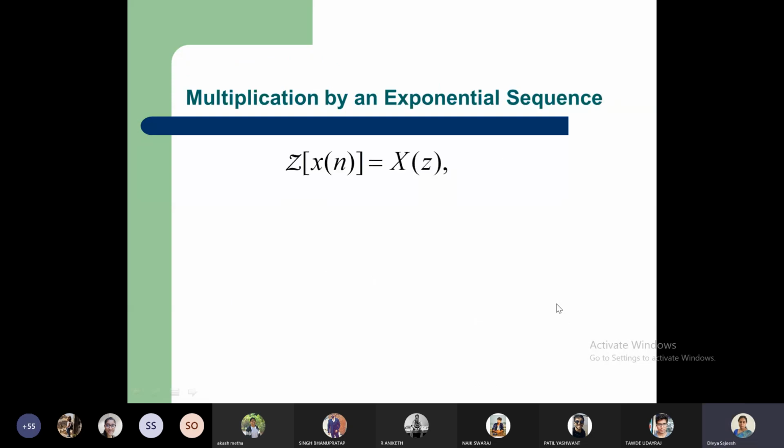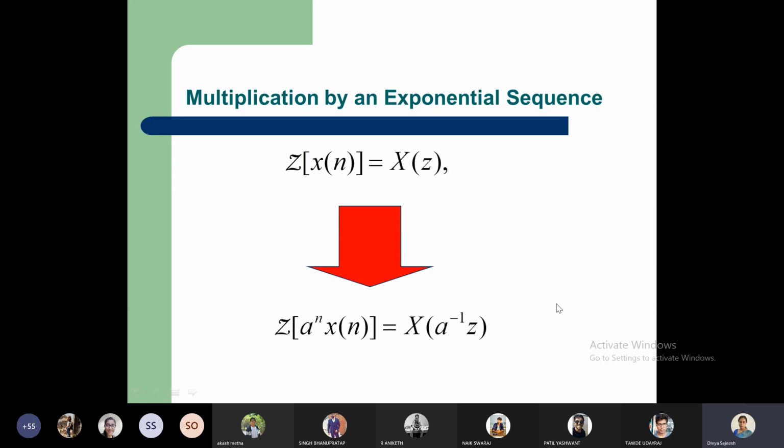Now the other formula is if a signal is multiplied by an exponential sequence, that is a raised to n is an exponential sequence. If the exponential sequence is multiplied with your signal, then to find the Z transform of such a signal, you will get the Z transform as X of a inverse z. Directly, a raised to n x of n can be written as X of a inverse z. You have solved many numericals based on this, Z transform of a raised to n x of n.